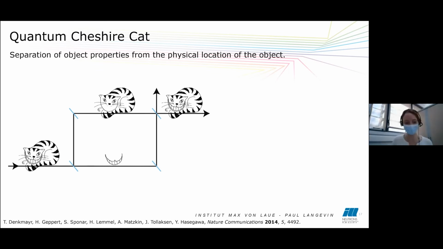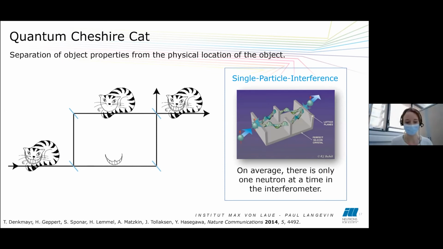And what I would like to mention at this point is that this experiment exploits a very important principle in neutron interferometry called single particle interference. Based on the intensities available at any neutron source, there's on average only one neutron at a time within the interferometer. And this means that the two paths I showed you before in the interferometer setup are taken by one and the same neutron, using its wave function to describe the phenomenon.